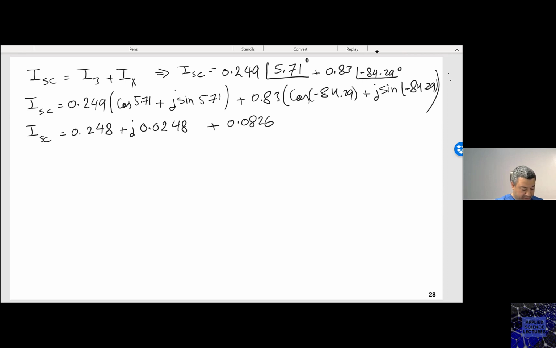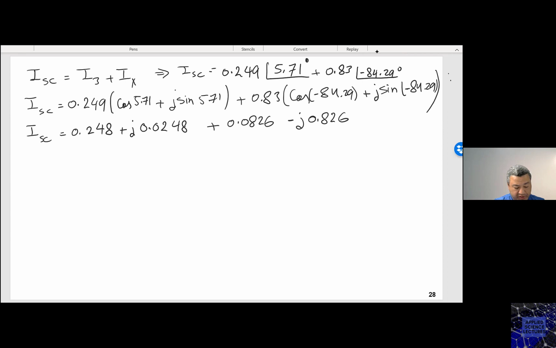Sine of minus 84.29 is going to give me minus, so you have to be careful here, minus j times 0.83, which is minus 0.826, right? Now you add the real with the real, the imaginary with the imaginary.